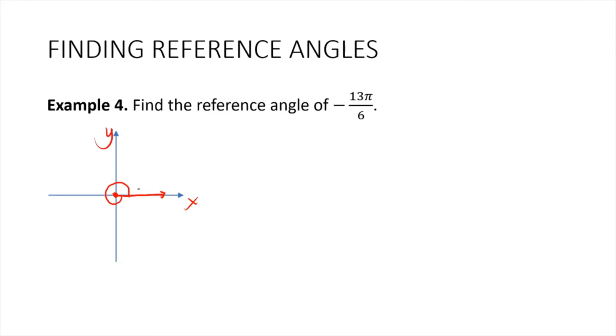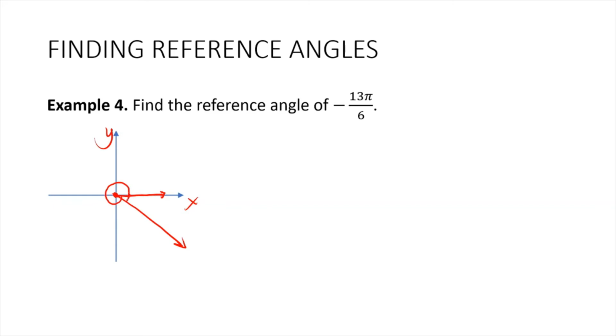However, if we go all the way through this quadrantal angle here, it will result to 5 pi over 2, which is more than 13 pi over 6. Therefore, 13 pi over 6 is situated somewhere here in the fourth quadrant. Okay, so let's say this is the terminal side of negative 13 pi over 6.